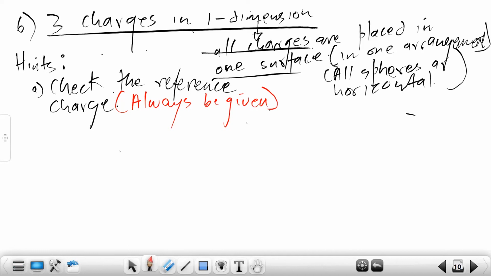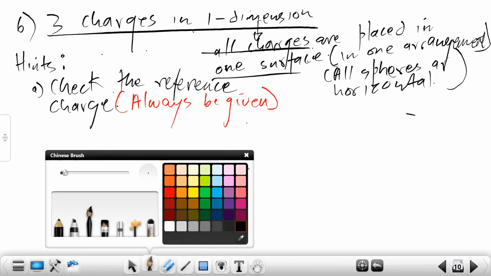So the reference charge should always be given. There is no way you will be able to draw the correct free body diagram if you do not know which reference charge you are working with. Basically, the reference charge is actually the question. Once we pick up which is the reference charge, we will know exactly what to do.